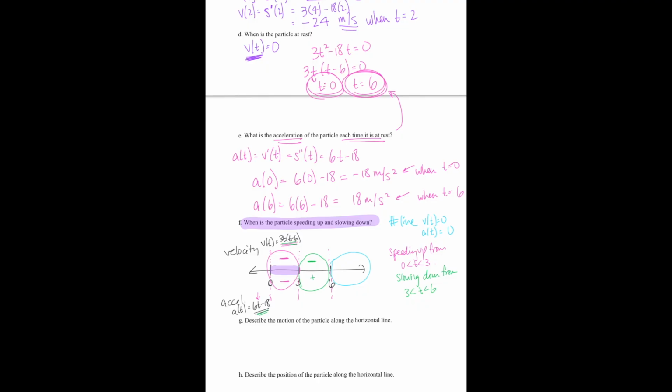You can pick any number you want. I think I'm going to pick 7. When I put 7 into the velocity function, I get positive. And when I put 7 into the acceleration function, I also get positive. So the particle is now speeding up again. Speeding up from 6 on.